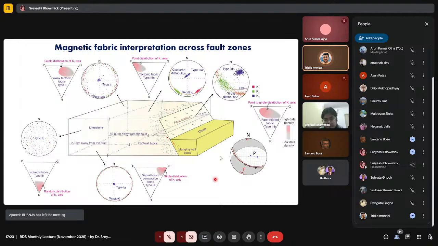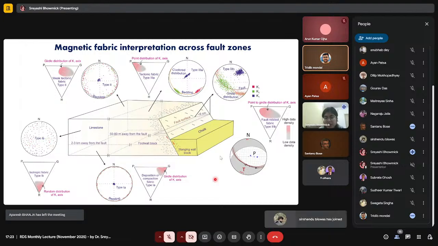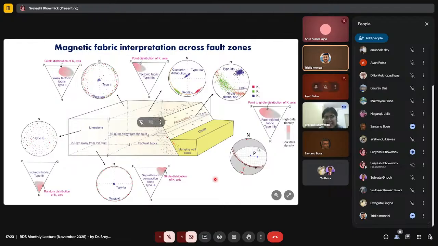That's what I'm asking. It could be, but I'm not very aware. I need to check. But if you're working in that domain, I think this could be a great idea for future work. I think there are some papers on AMS fabric from dike swarms, if I can recall, but I'm not very sure about this.